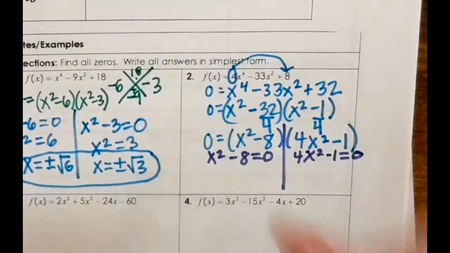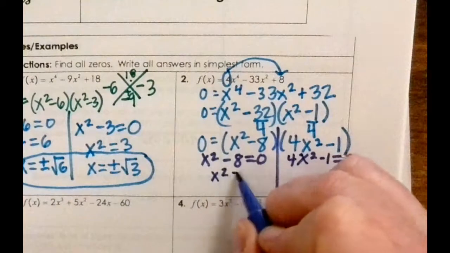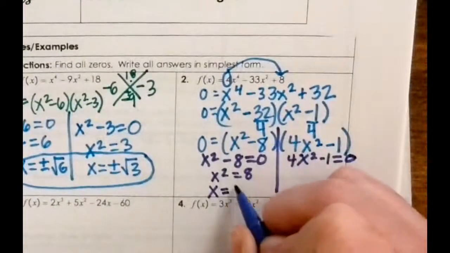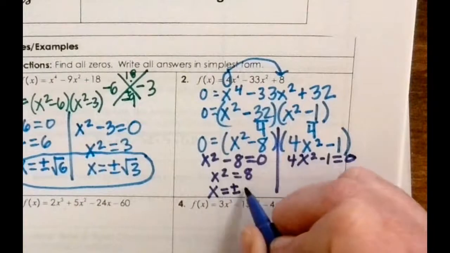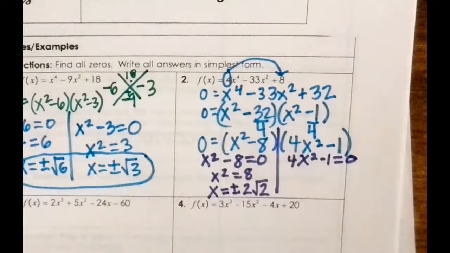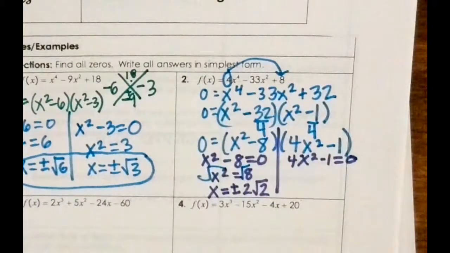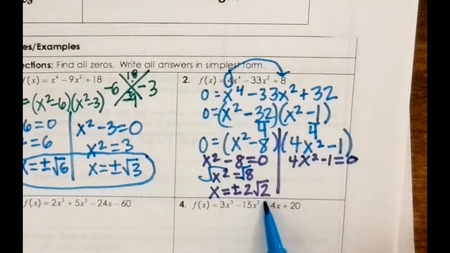Okay, so x squared equals 8. X is going to equal plus minus 2 root 2. Okay, so let me pause there. If you square root both sides, 8 is 4 times 2, so that'll reduce to 2 root 2.